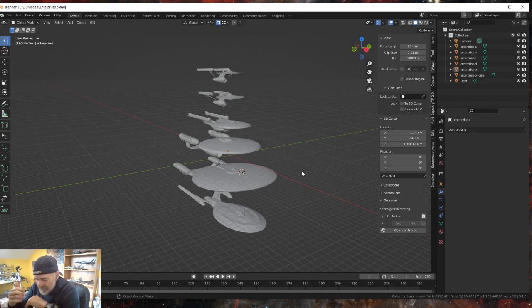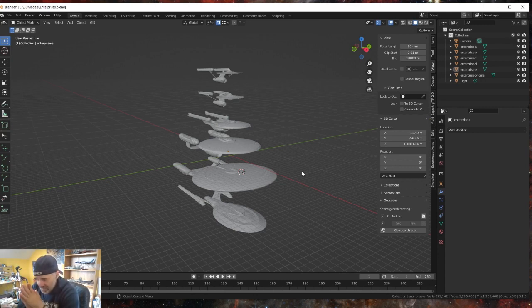I'm not so much a Star Trek story person. I know the canon, and I know all the different spin-offs and things like that, but I'm fascinated with the ships.